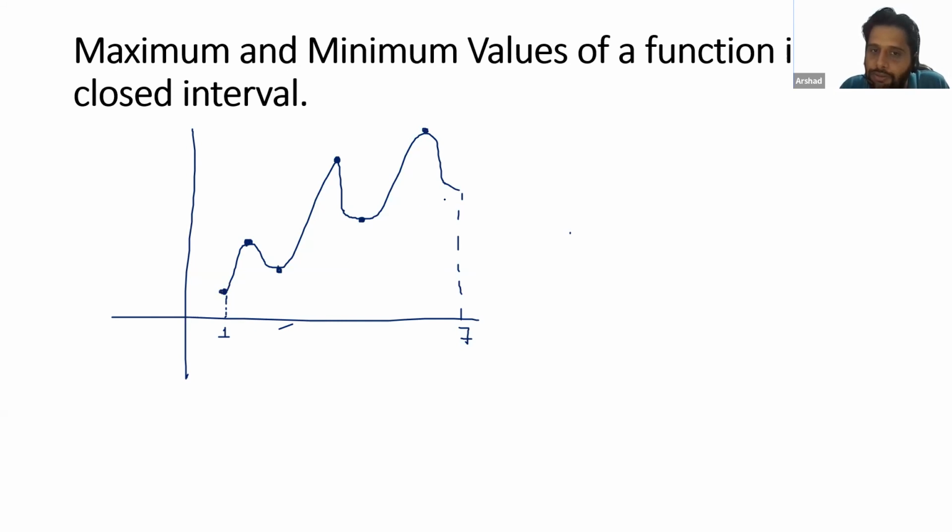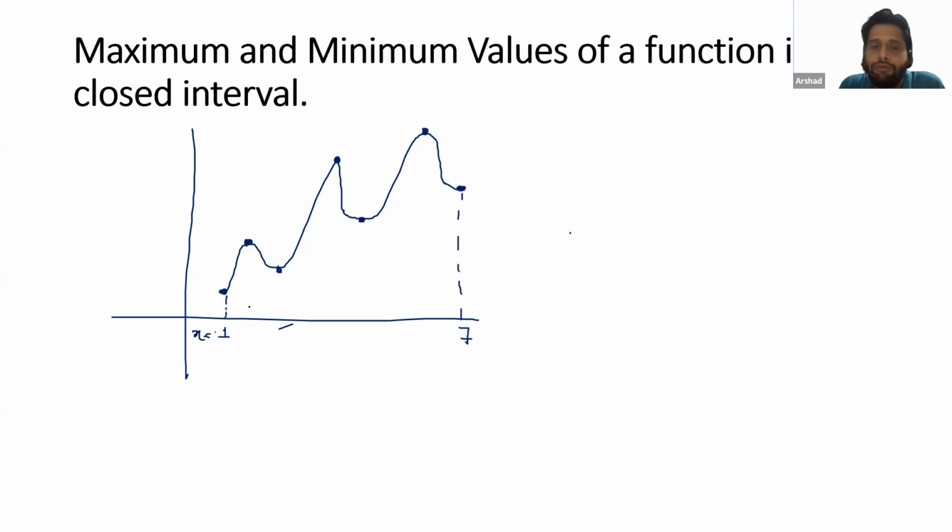For example, from this graph you can see that the minimum value of the function exists at x equal to 1, and the maximum is this. So the possibility of finding the maximum and minimum value is either at the critical points or at the end points.